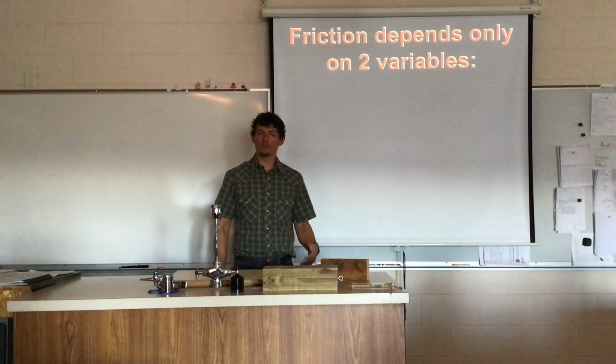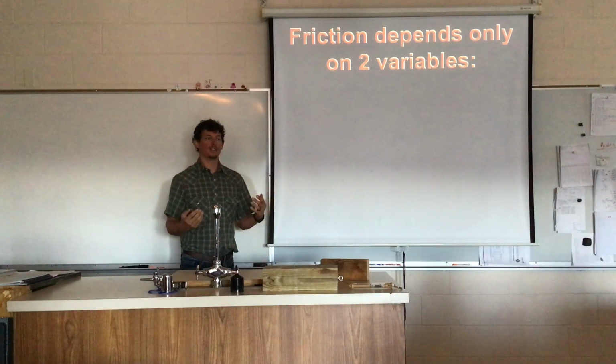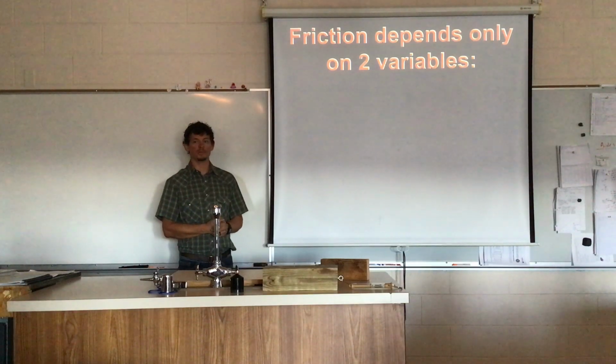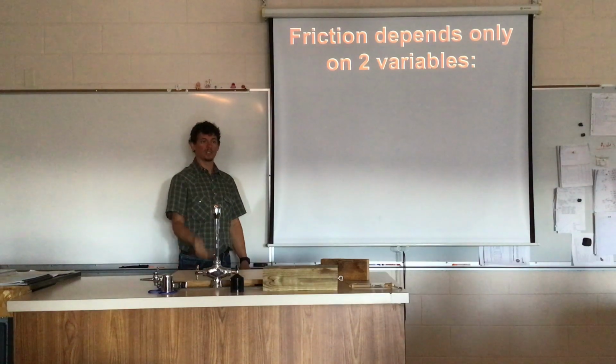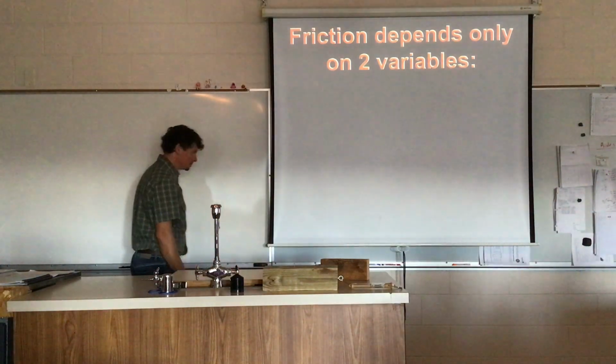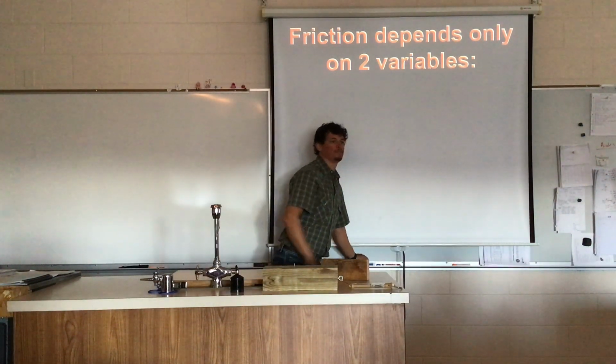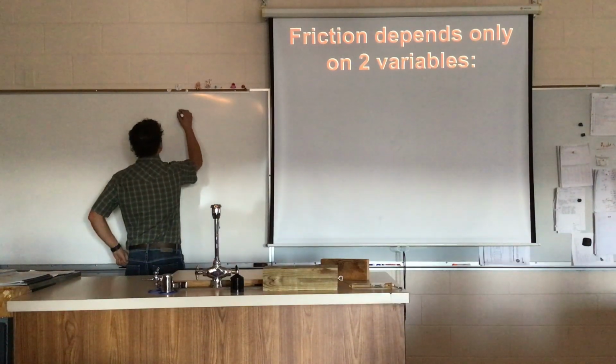We're going to make some guesses here in a second on what those 2 things are. But what do you think affects the value, the amount of newtons that friction is going to be, based on the situation? Just throw stuff out. I'll write it on the board. What do we got? Like surface area? Okay, surface area.